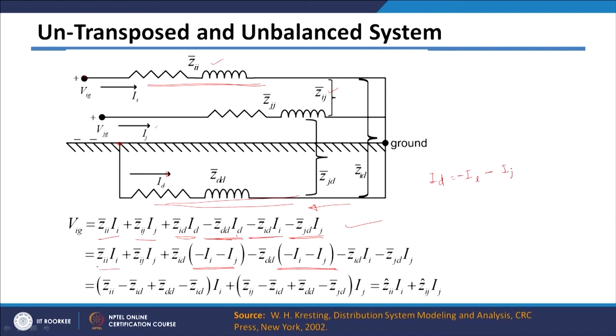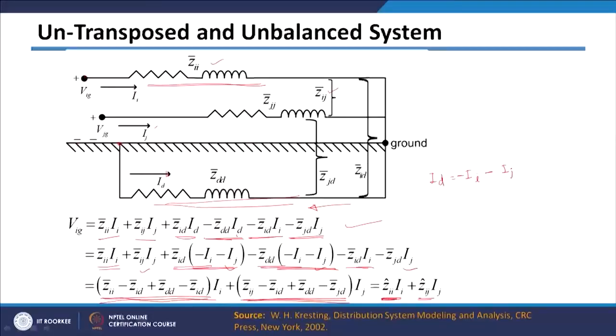So, there are 4 terms which are related to Ii, I have taken them together, and I will get this term, and if I take the terms related to Ij together, I will get this term. This total term of 4 impedances adding I am calling Zii cap, and here I am calling Zij cap, which is the addition of all these 4 impedances.